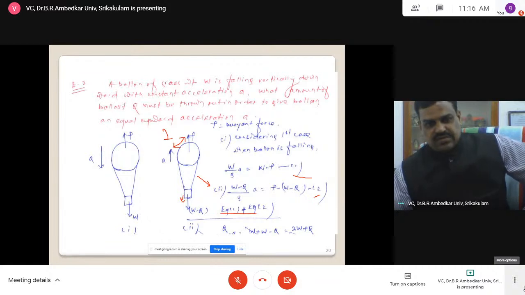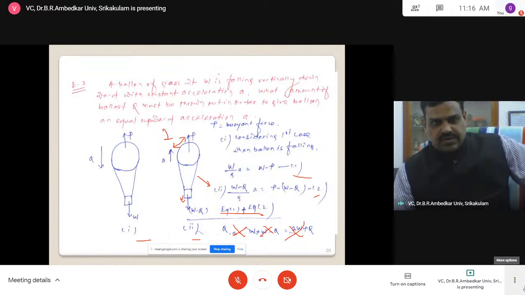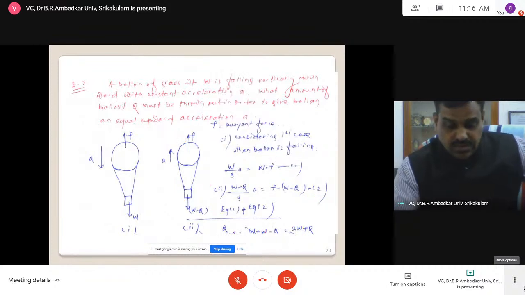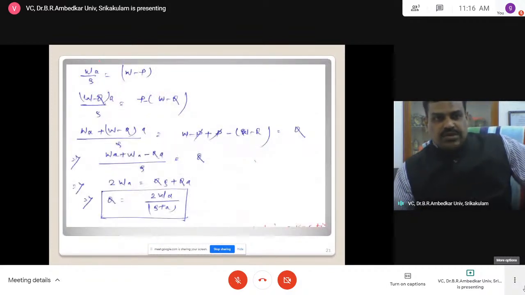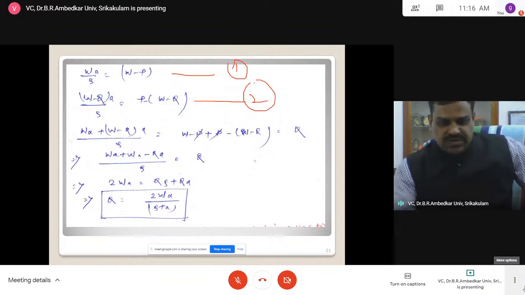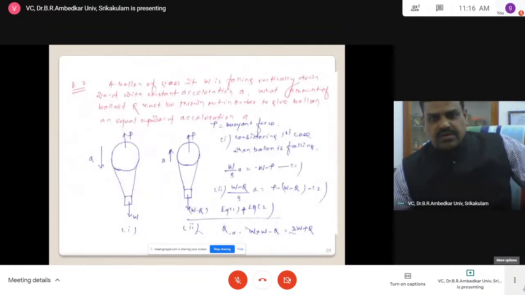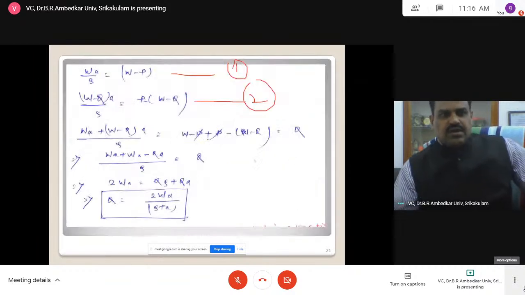From equations 1 and 2, now let us go to the next figure. W by g times a is equation 1, this is equation 2, same as what we got here. This is one equation, and this is the second equation we brought here. Now solve, simplify, because we have to find out the Q value.